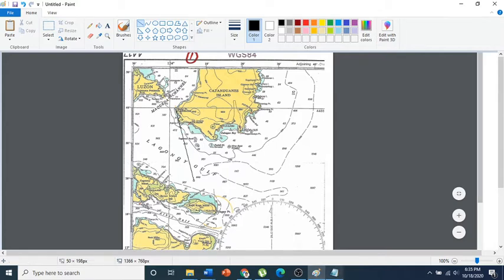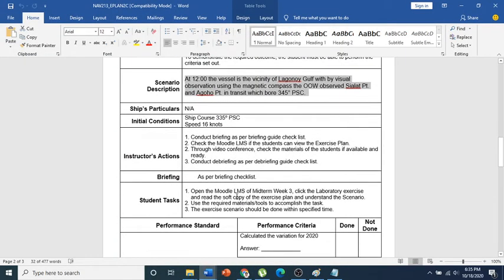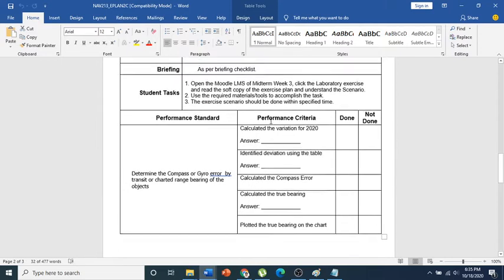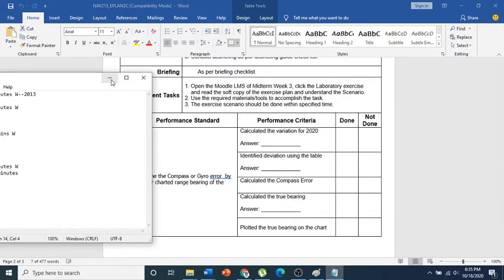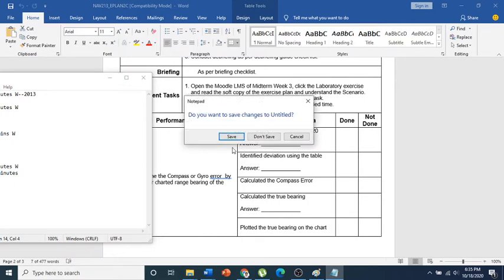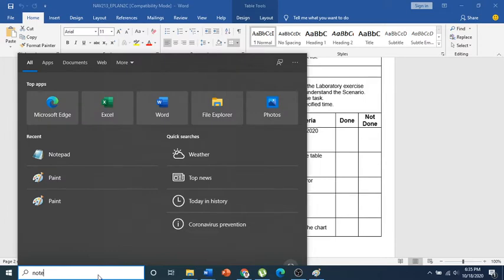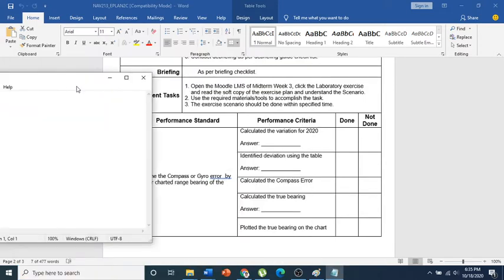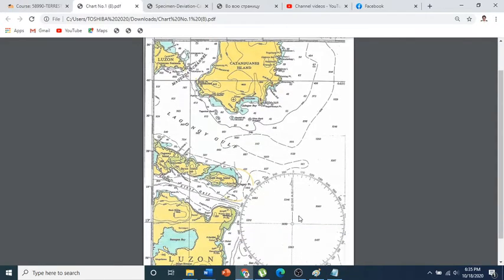Okay, so let's go back to the e-plan. The first performance criterion is to calculate the variation. It's actually the same as what you did in your previous e-plan, where you calculated the variation. Needless to say, you can find the variation data in the compass rose.